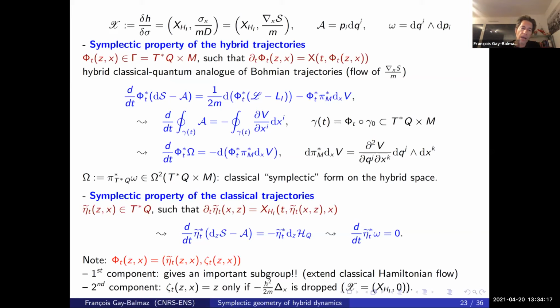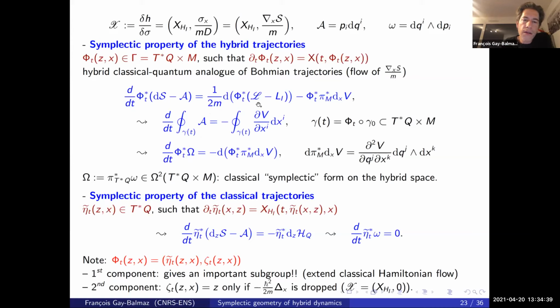Here we have some hybrid object, which I denote by phi t, and using some computations that I don't explain here in detail based on these Madelung equations, we can show these two properties of this hybrid flow.